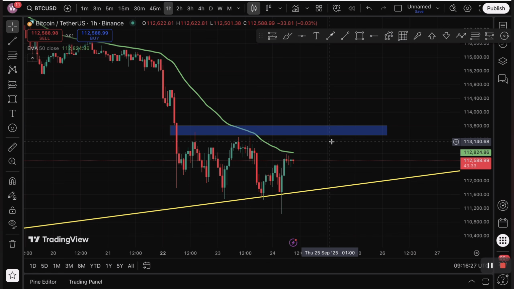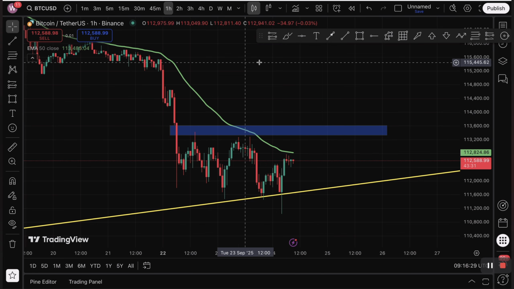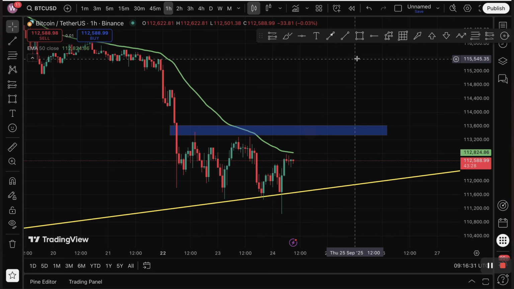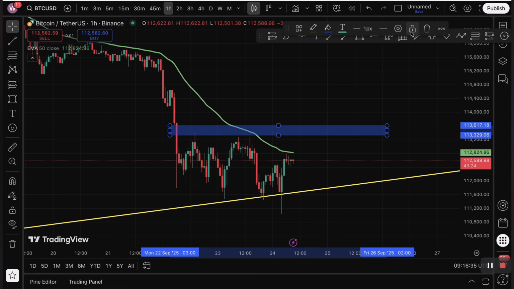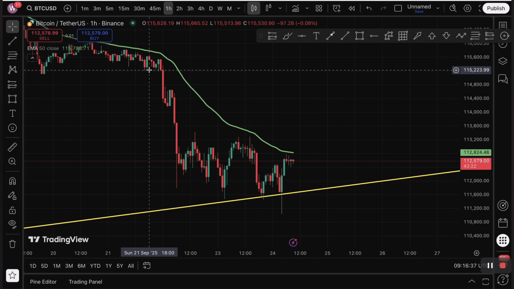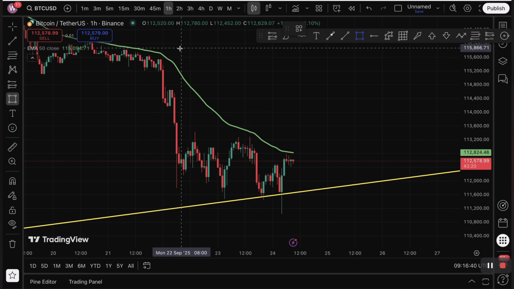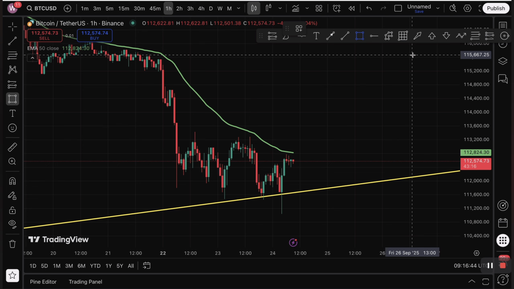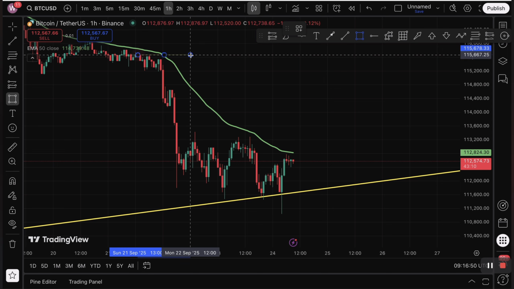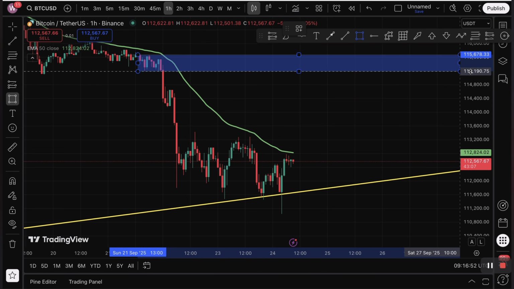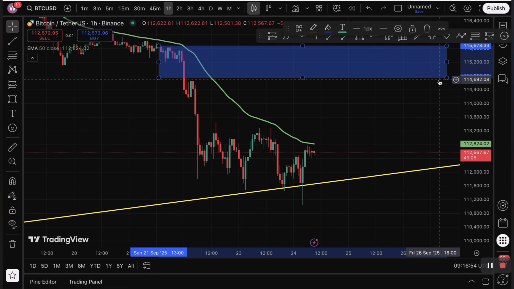Or I can even wait for this area where I see a very strong supply. Let me just show you that area so that you can understand what I mean. This particular area is a very strong supply level.